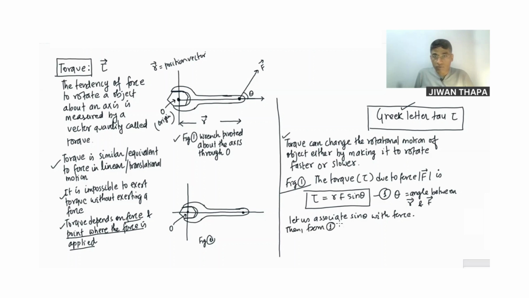Then from equation 1 we get torque tau equals R, and I'm keeping sine theta with force. So we have this. Now let us come to figure 1 once again.